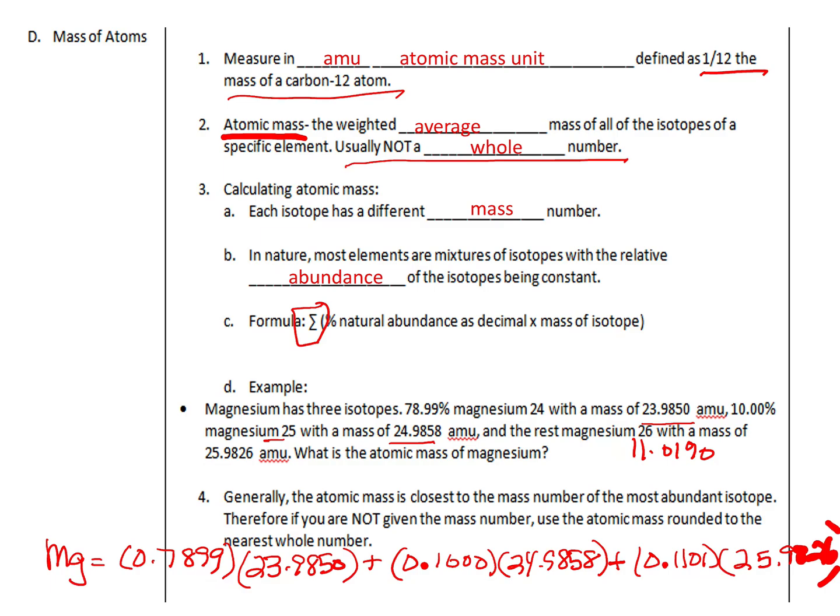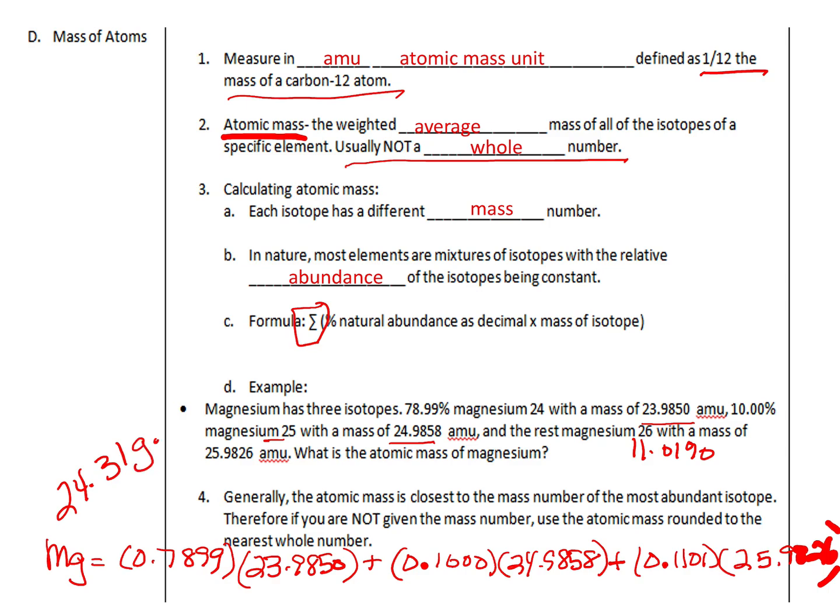And for problems like this, I'm going to say, let's do 2 decimal places for our answer, okay? We have 4 significant figures anyway, so this should take care of it. And so you should get the mass of magnesium as 24.31 grams.